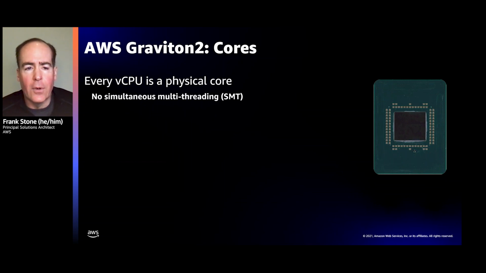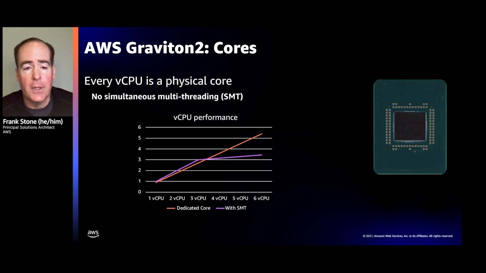In addition with the cores, something to note is that every virtual CPU in the Graviton 2 processor is a physical core. And we don't use simultaneous multi-threading, which is common on other x86 processors. And you can see in this chart here the implication of that. With the Graviton, you get consistent performance no matter how many cores you use in the processor because the resources are dedicated.